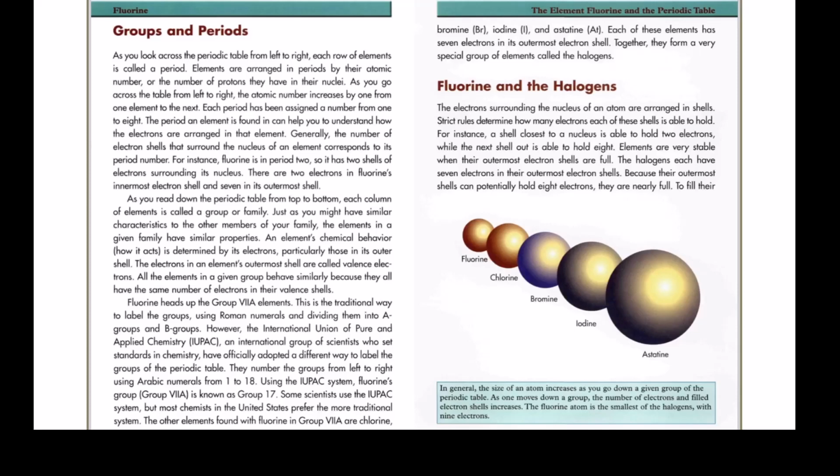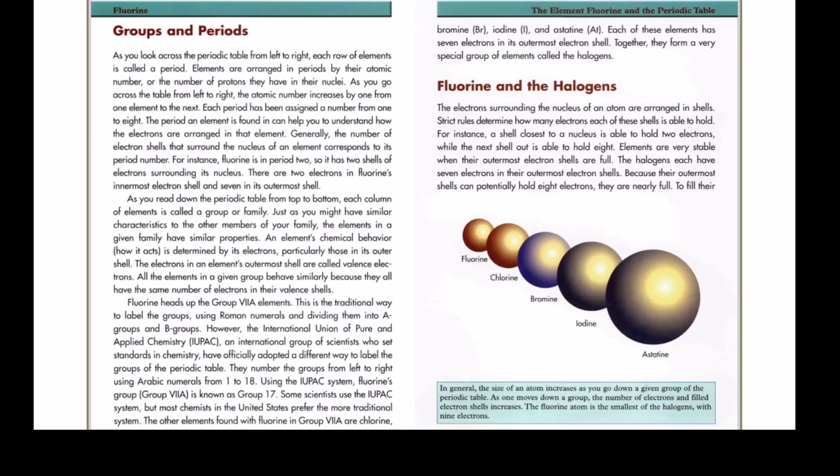And to read down the periodic table from top to bottom, each column of elements is called a group or family. Just as you might have similar characteristics to other members of your family, the elements in a given family have similar properties. An element's chemical behavior is determined by its electrons, particularly those in its outer shell.